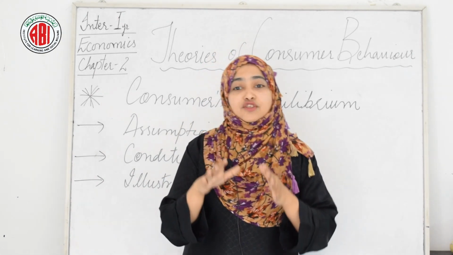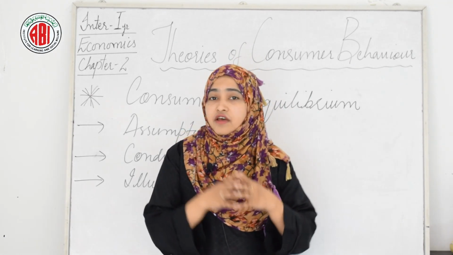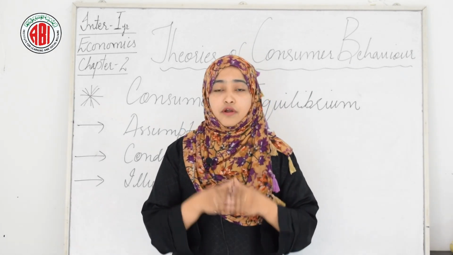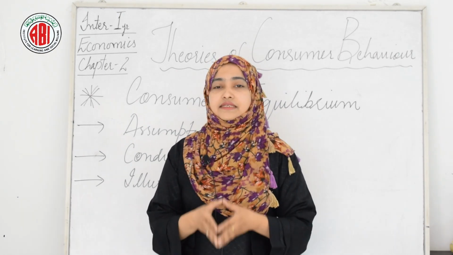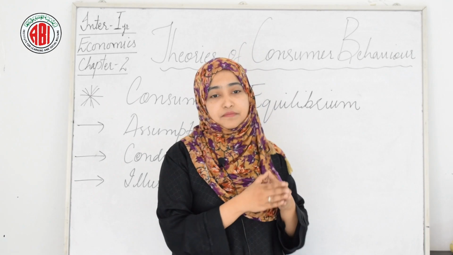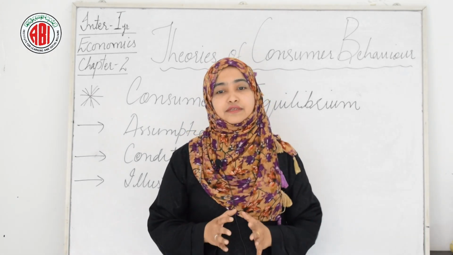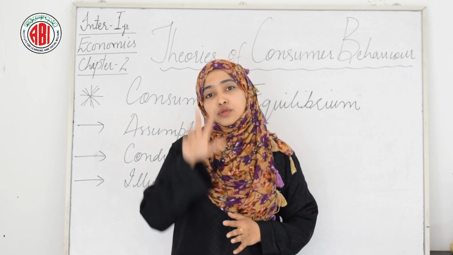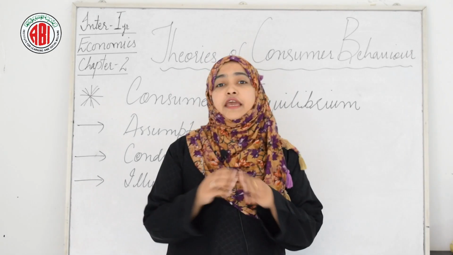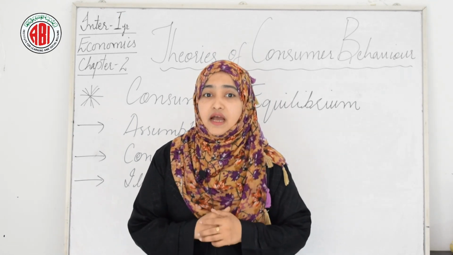The consumer has an indifference map, as we have seen. Now for better understanding, just see these diagrams. Here the price line PL faces the consumer, and with a given amount of money he has to spend it on the two goods. Here in the diagram, the curves are showing the equilibrium of the consumer.